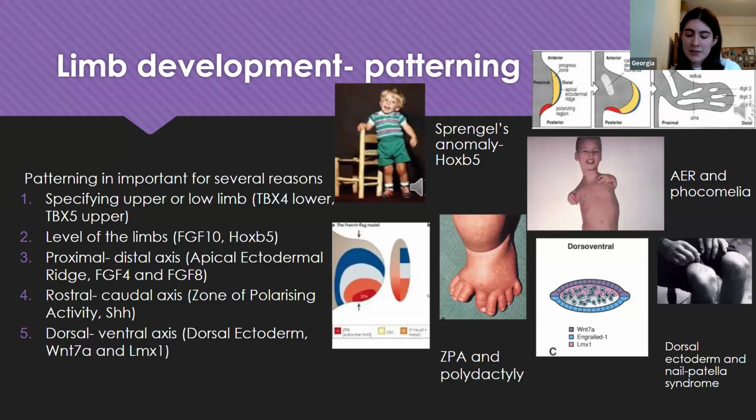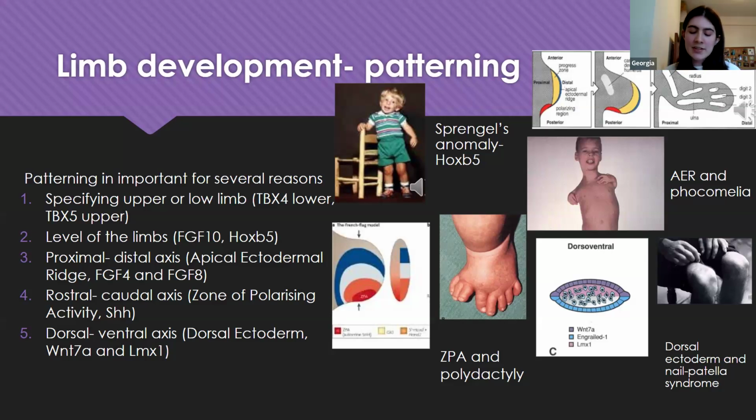So after the limb bud has formed, the limb is patterned in 3 axes, and each axis has its own signaling center. So the signaling center of the proximal distal axis, so from like the shoulder down to the tips of your fingers, is the apical ectodermal ridge, or AER.